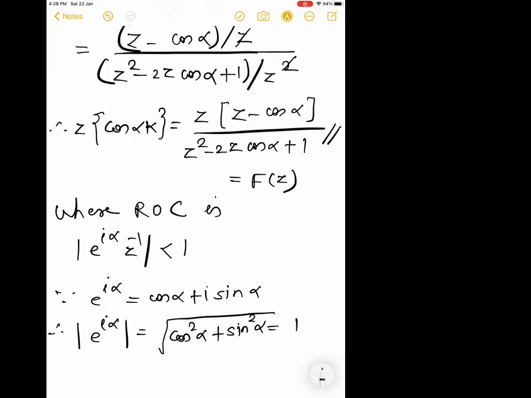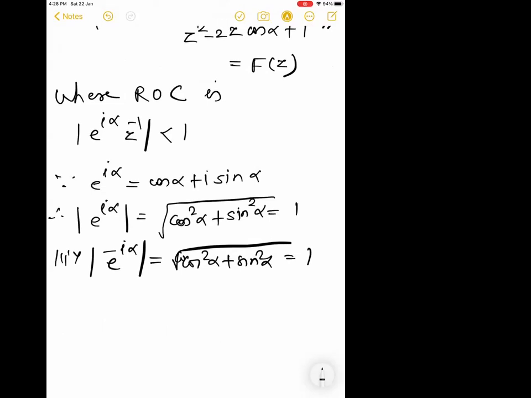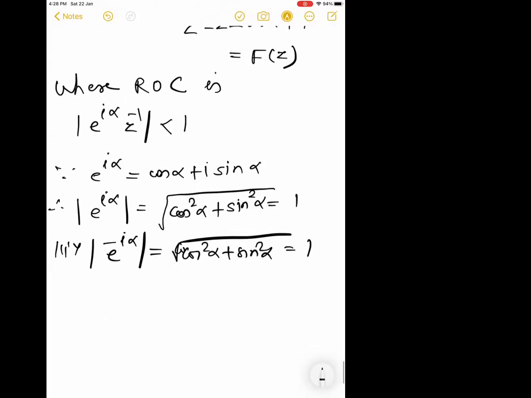So we will be getting e raised to i alpha modulus is 1. Similarly, if you take e raised to minus i alpha, that is also giving same thing, under root cos square alpha plus sin square alpha, that is 1. Because minus makes no difference, because if you square it, that becomes a positive. So we'll get the answer as equal to 1 here, and e raised to i alpha modulus is also 1.